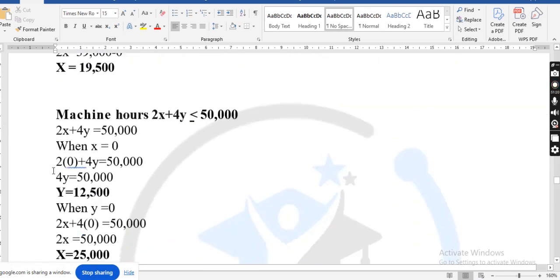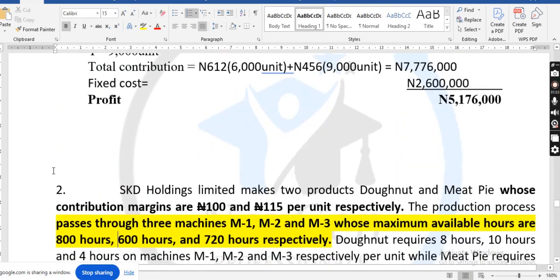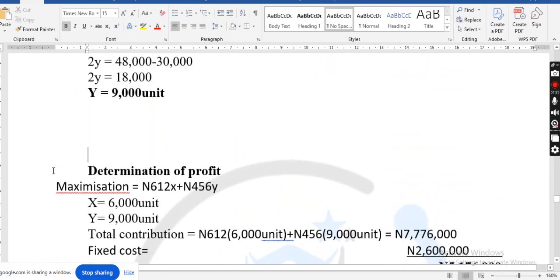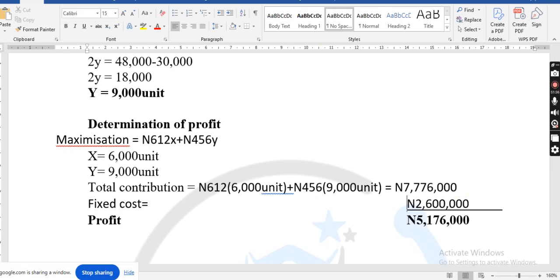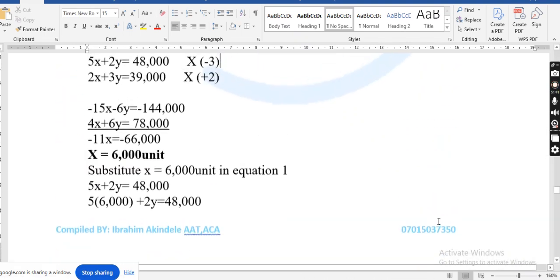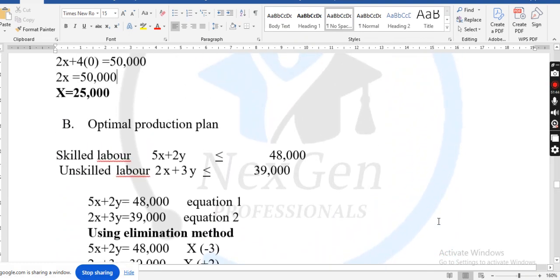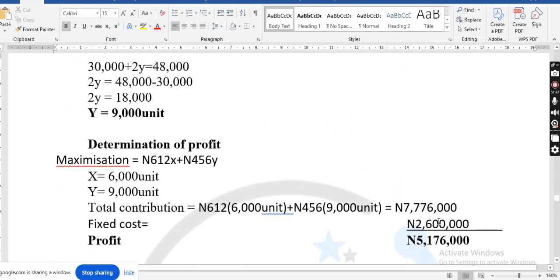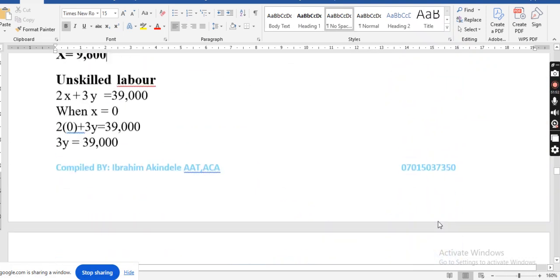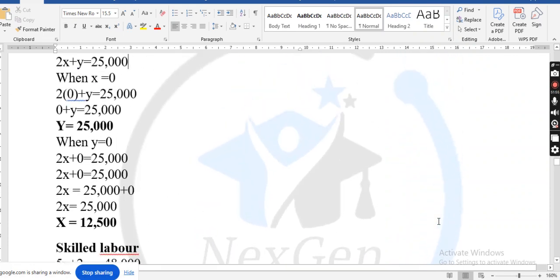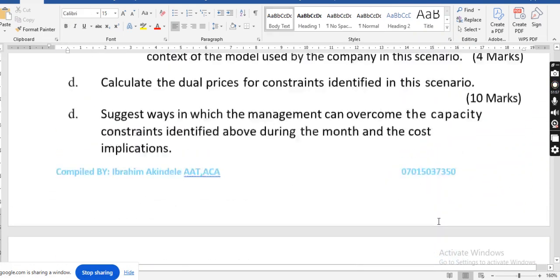Class, I think we have answered the question on optimum production plan, right? If you have a question, you can unmute your mic and ask. Don't forget how we start. We do the production plan. From the plan, we do the profits, and this is what it gave us as the profit. So we need to go back and check again.